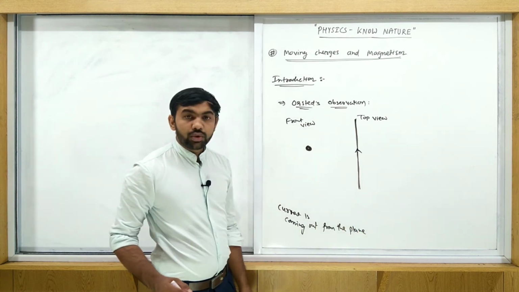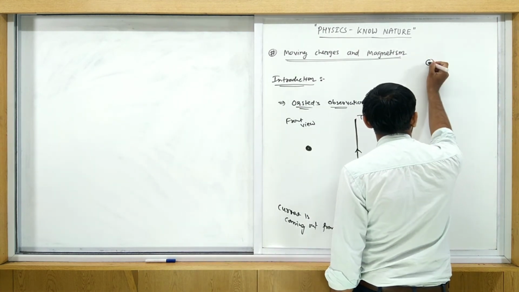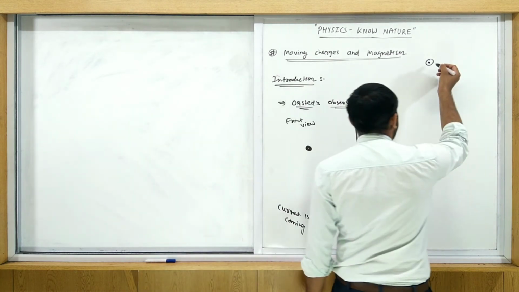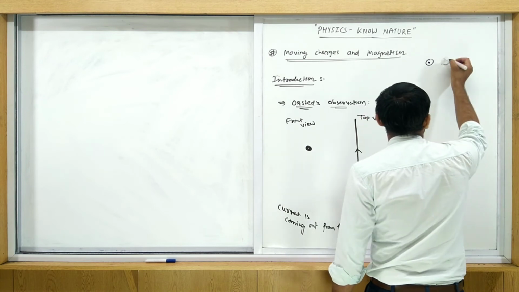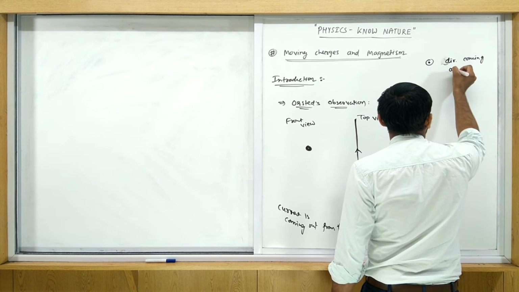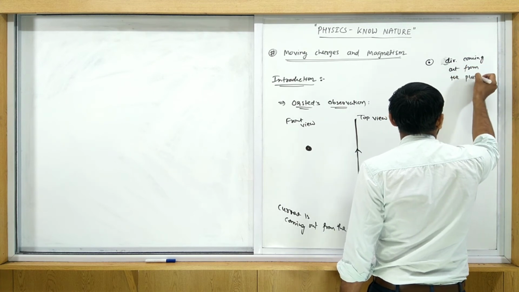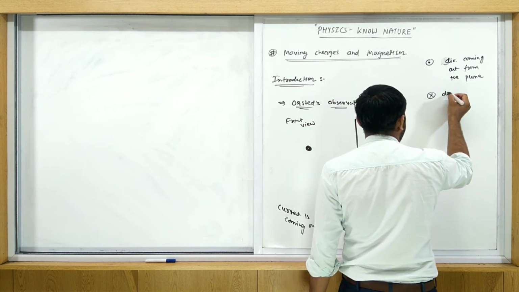Actually we use two symbols here: a circle with a dot, which we call the direction coming out from the plane, and a circle with a cross, the direction into the plane.